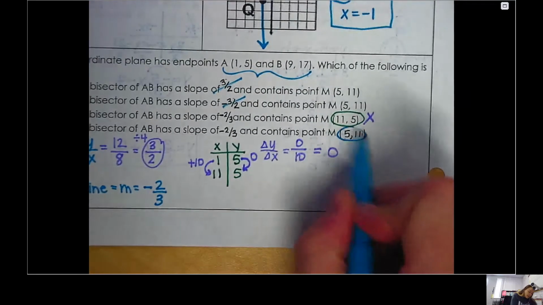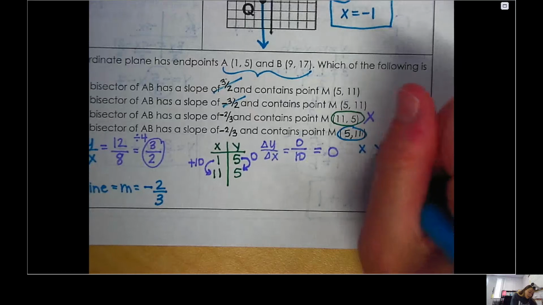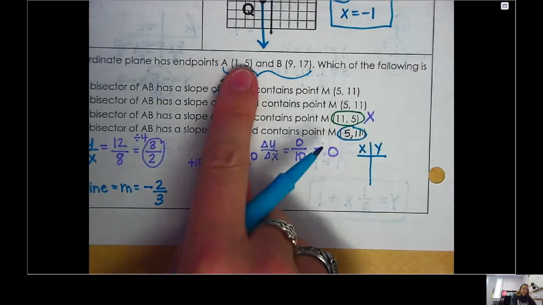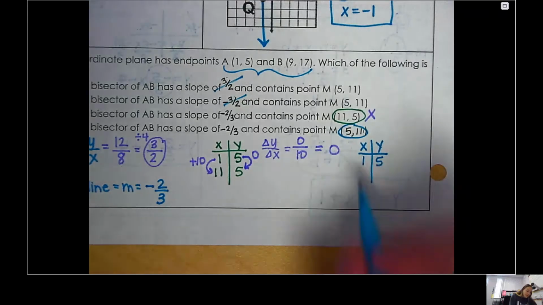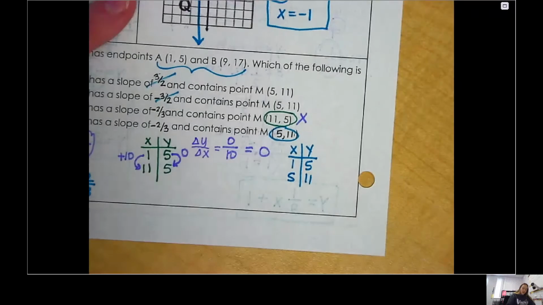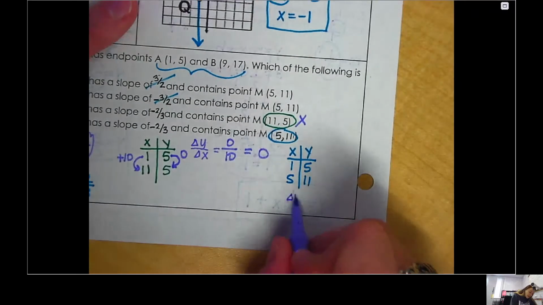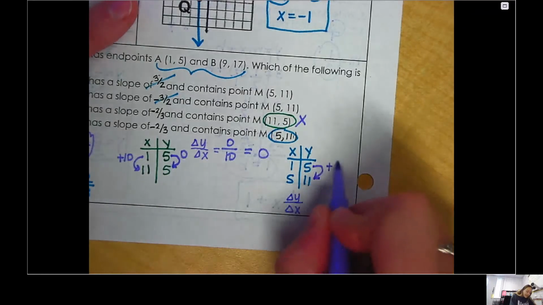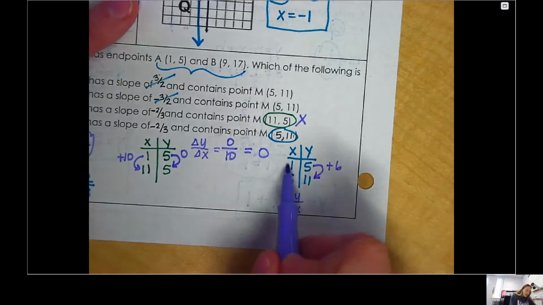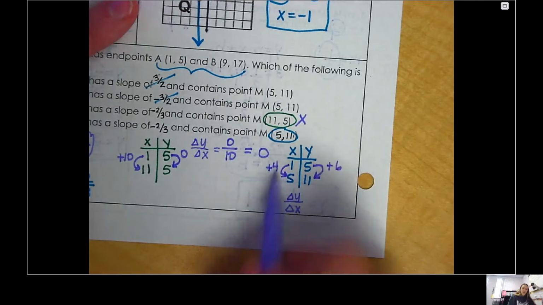So here's this one here. Again, I'm going to put my coordinates x and y. I'm going to still pick the same one, point A, which is 1, 5. And then I'm going to put these new points underneath, 5, 11. Okay, so I'm going to figure out what the slope is, the change of y over change of x. So to get from 5 to 11, I have to add 6. And to get from 1 to 5, I have to add 4.